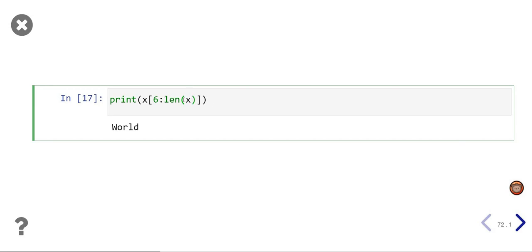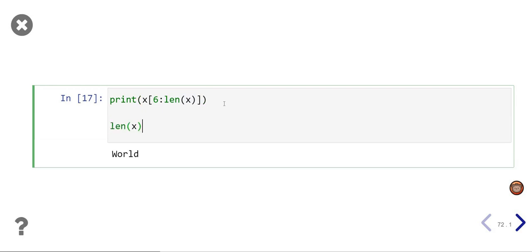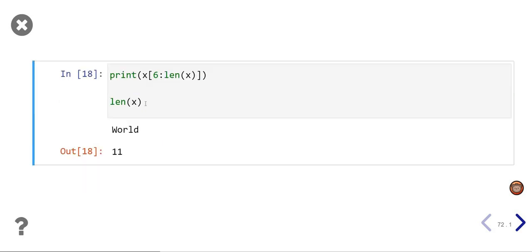So if you want to know what it prints out, length x. Length x is not giving you the index number. You have to take note of this. Length x gives you the total number of characters.